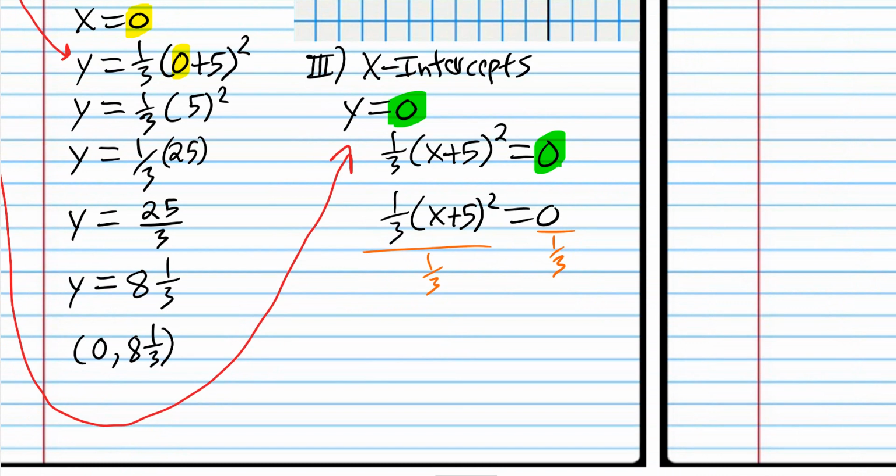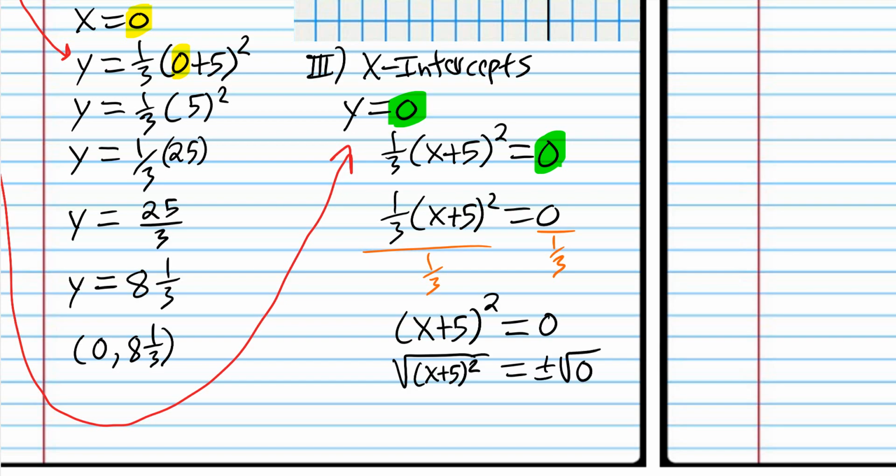And 0 divided by any number is just 0. So we have 0 is equal to (x plus 5) squared. And then we're going to square root both sides, as we did in the previous problem. Of course, you always have to write plus or minus.